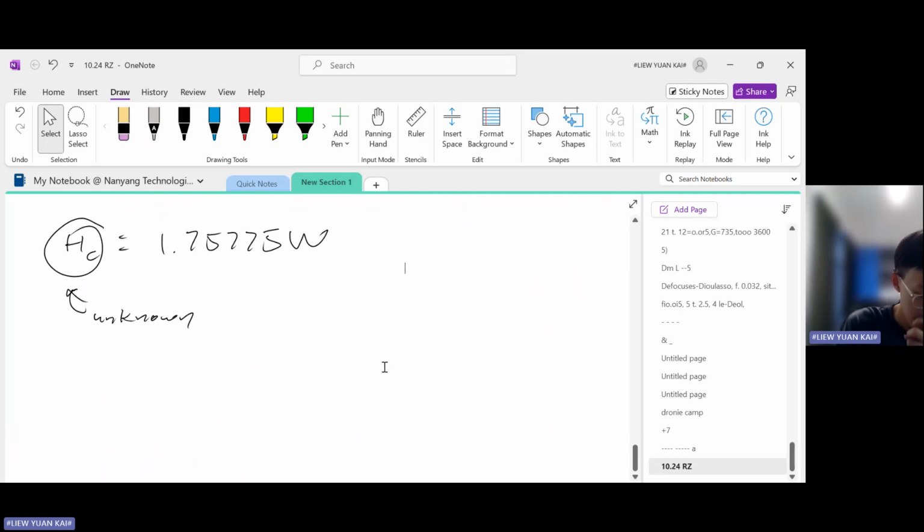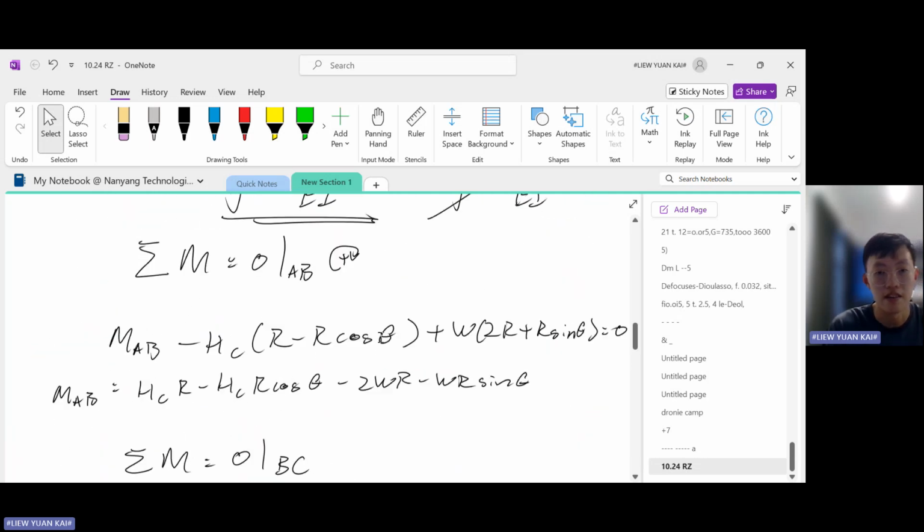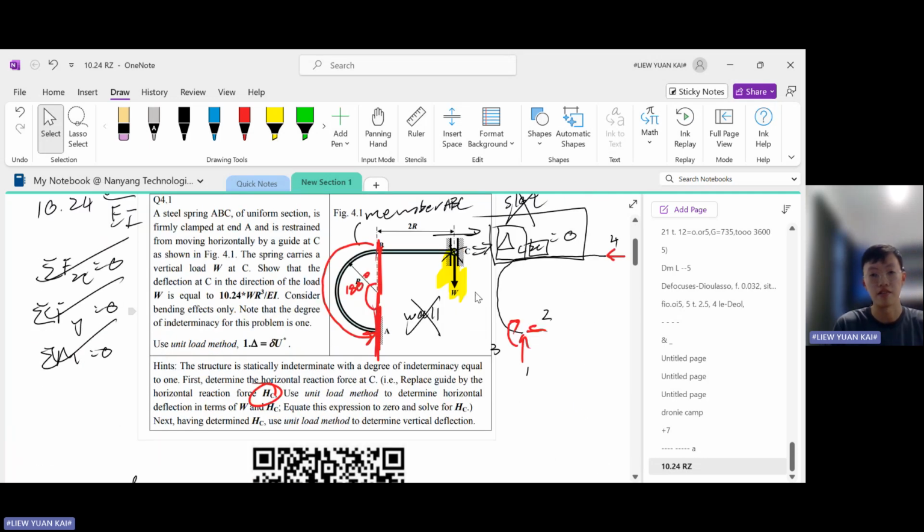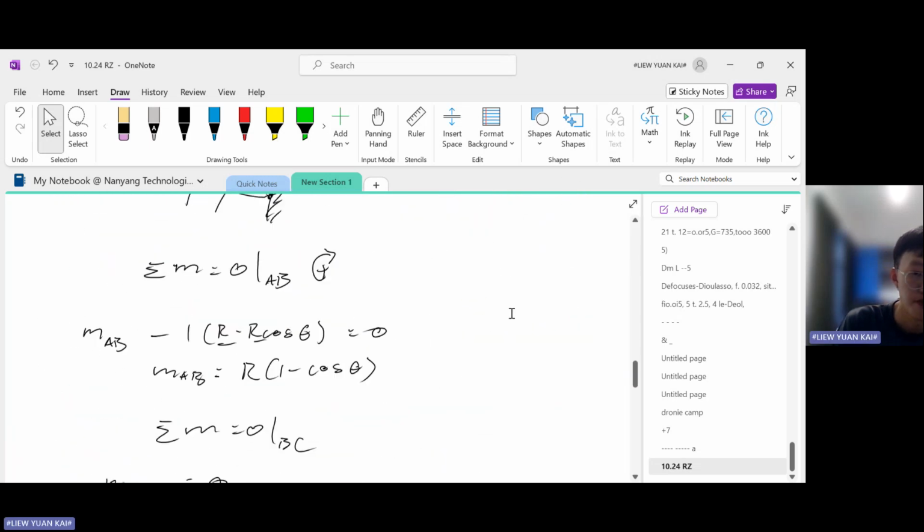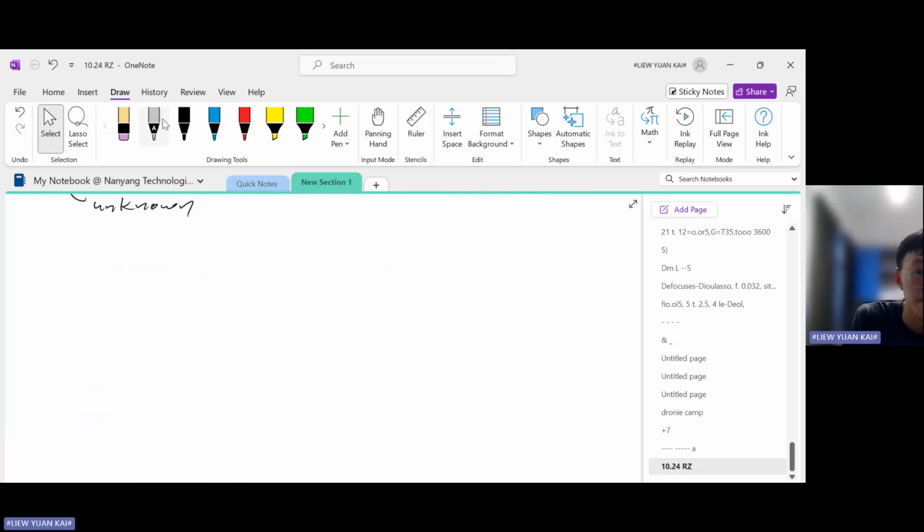Now that we found HC in terms of W, we can finally go ahead and find the vertical deflection of C. So to find the vertical deflection of C, delta Cy, we use the unit load equation.